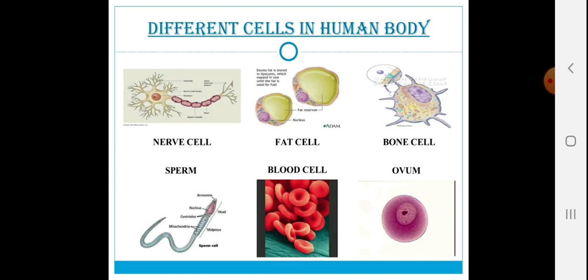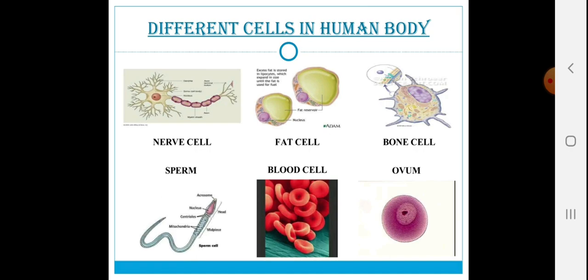Now, different types of cells present in the human body. The first image is of the nerve cell. It is the only cell in the entire human body which is visible to the naked eye. Second is the fat cell. Third is the bone cell. Fourth is the sperm cell, which is present in the semen in the male.